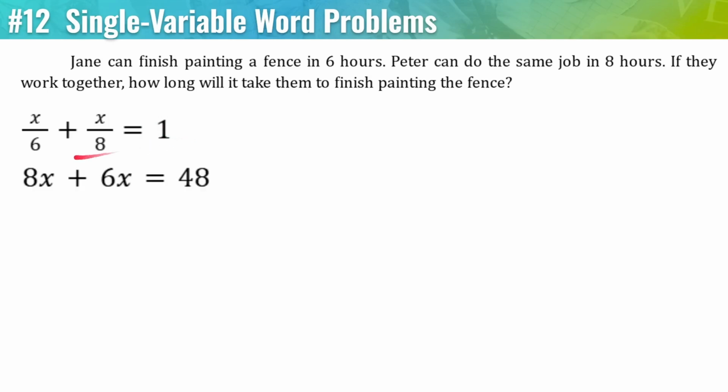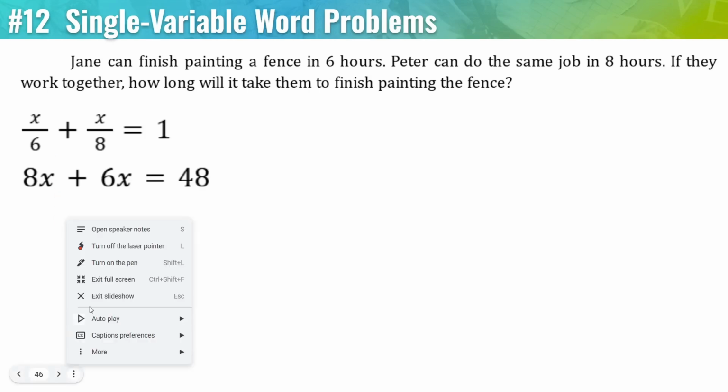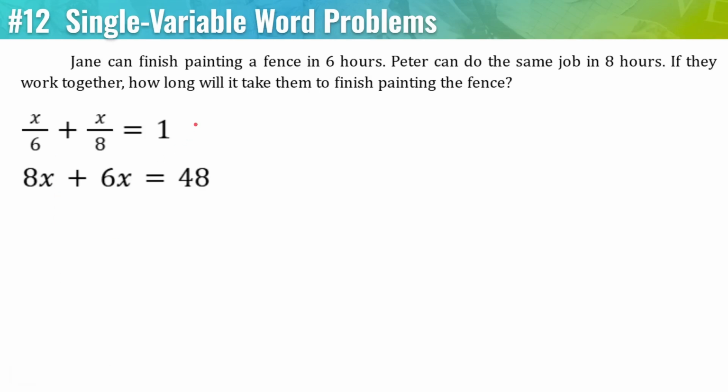So what we did here is cross multiplication. We multiplied all sides by 48. So you can see 48 divided by 6 is going to be 8, and 48 divided by 8 is going to be 6. Usually, we just do cross multiplication.